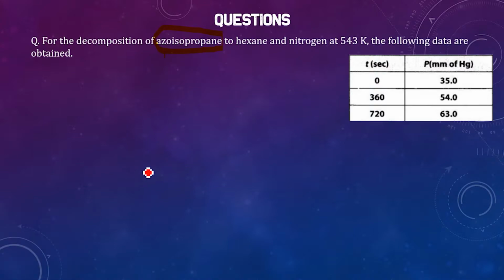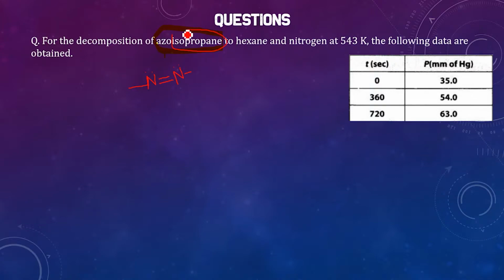In organic, I have explained that azo means there will be N double bond N, isn't it? And we know that nitrogen forms 3 covalent bonds along with a lone pair. So there is still one bond free to form a bond with the carbon group. Now this is the azo, and here is the isopropane.